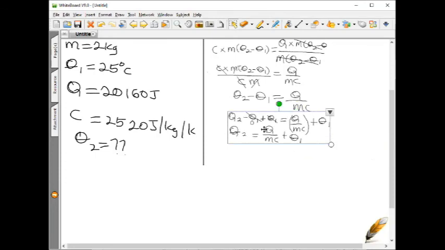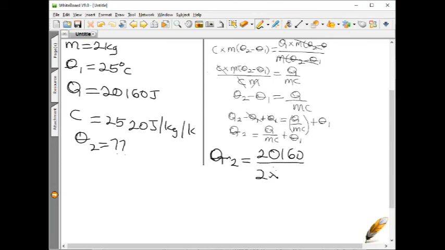So now let's substitute our values into it. So theta 2 will be equal to, what's the Q? Q is 20,160, all over 2 times 2,520, everything plus, theta 1 is what? 25.